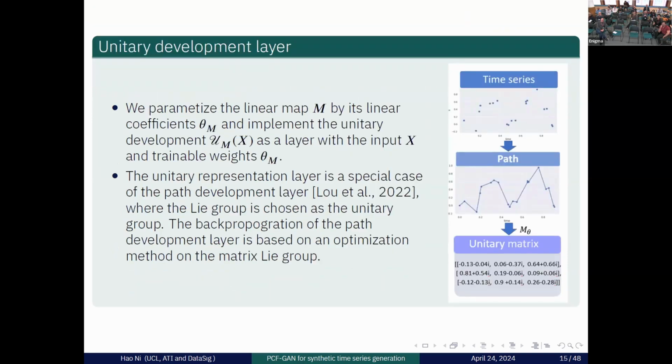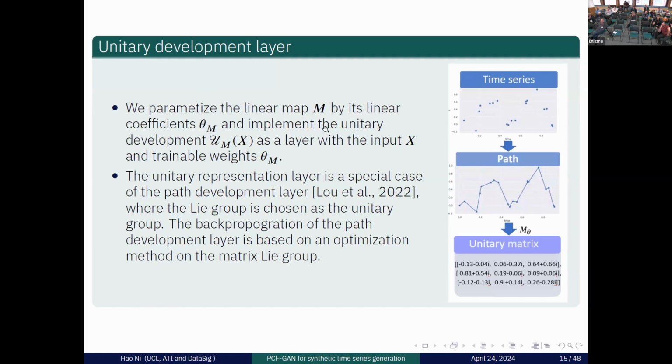So with this unitary feature, I'd like to explain a bit more how we can use that as a layer for sequential data learning. So here, note that the map M is linear, so it can be fully characterized by its linear coefficient theta, and this theta m is the model parameters of this unitary development layer.